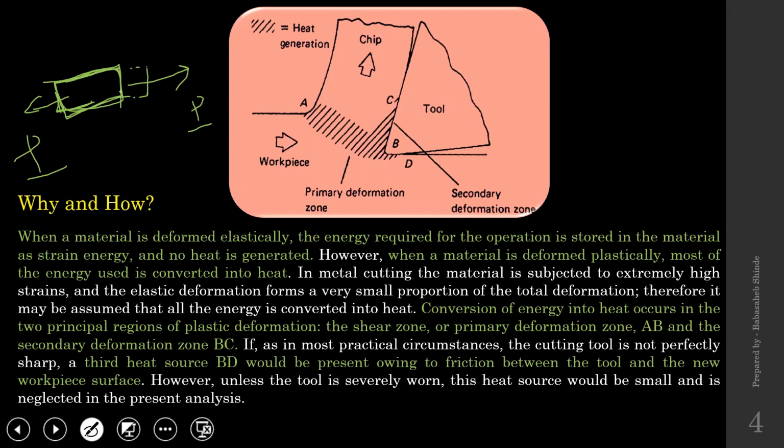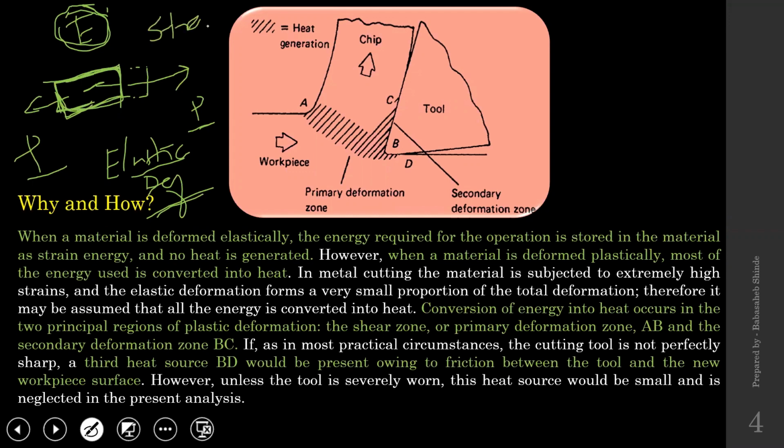Now, whatever energy I provided to have this elastic deformation, because on removal of the forces it can return back to its original dimensions, will be stored in the material in the form of strain energy.